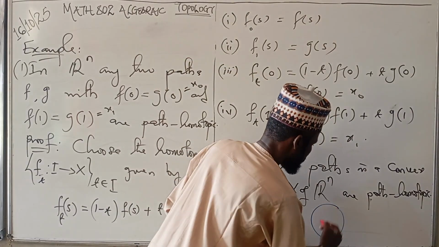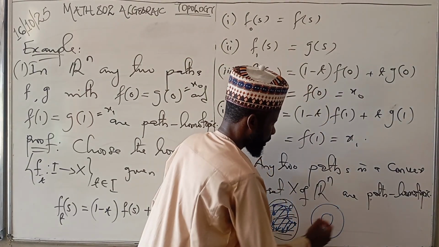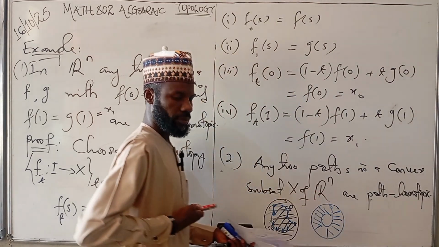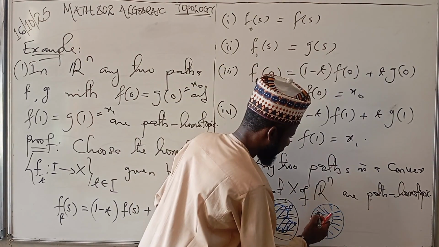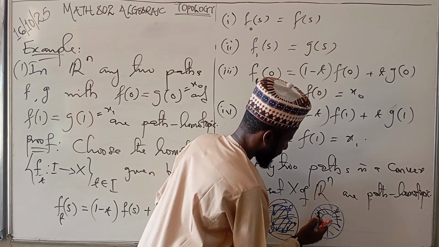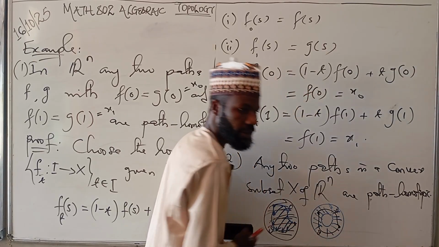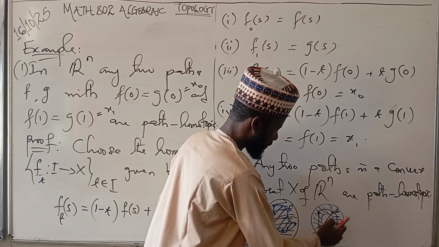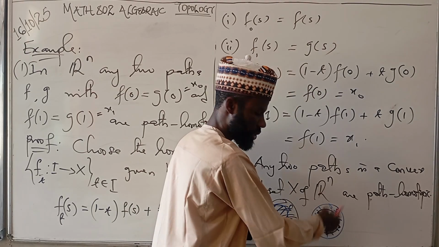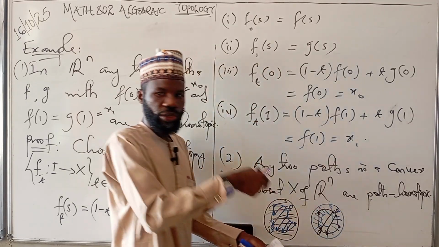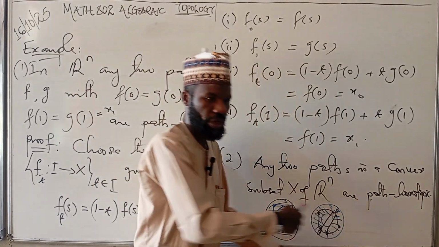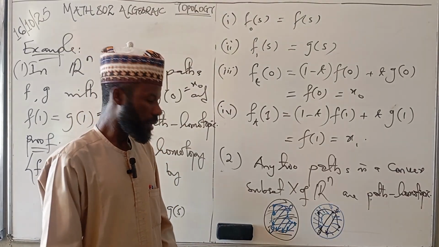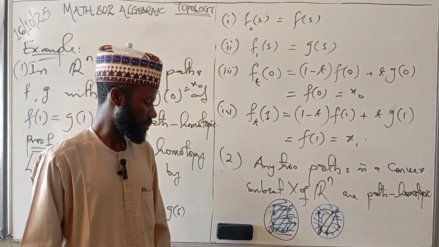But this space, an annulus, is not convex. So if you have a path like this, F, and another path like this, G, the straight line joining a point on this path to a point on that path will not sit inside the space; you are already outside, so it's not a convex subset of the two-dimensional Euclidean space.